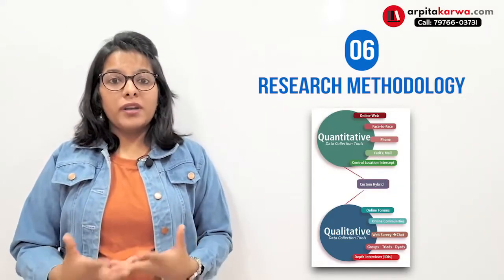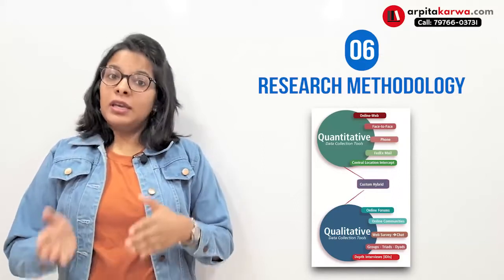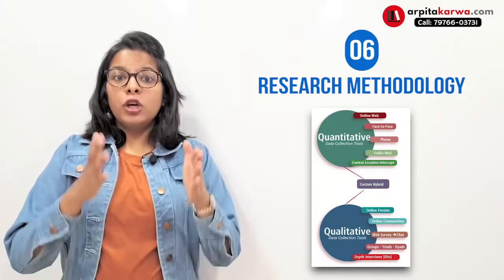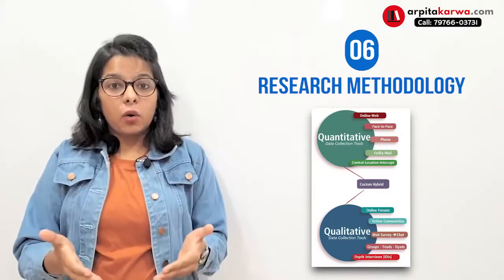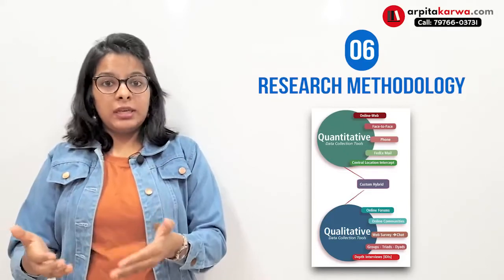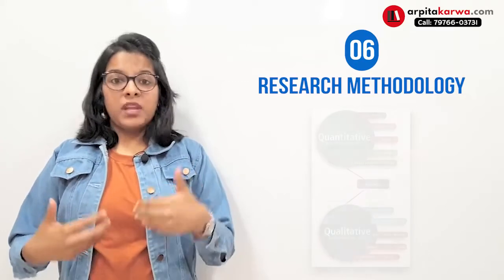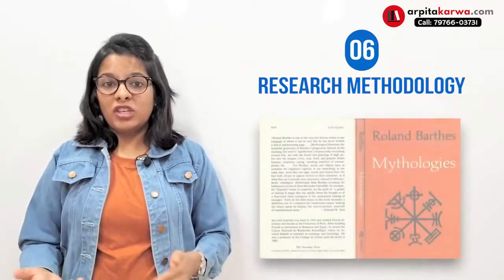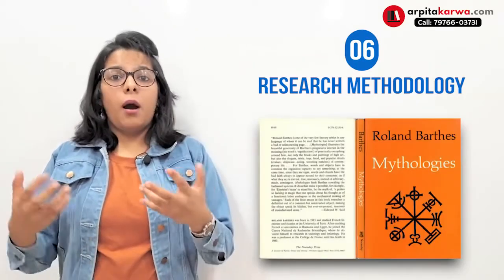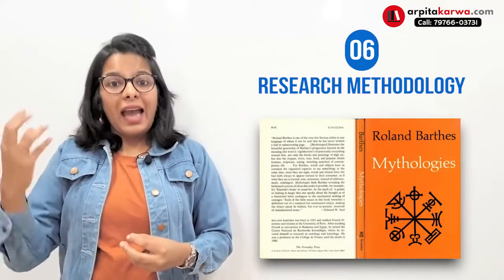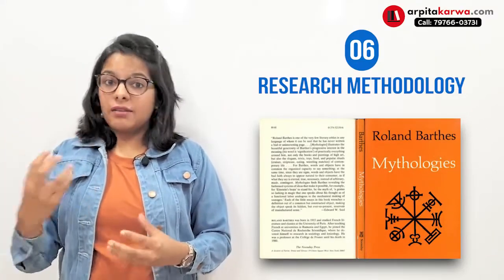In case of literature, you're going to mention the different theories and theorists whose theories you would be using. If I'm doing research on mythology, I might use Roland Barthes' Mythologies, the work and the key ideas given in that work.